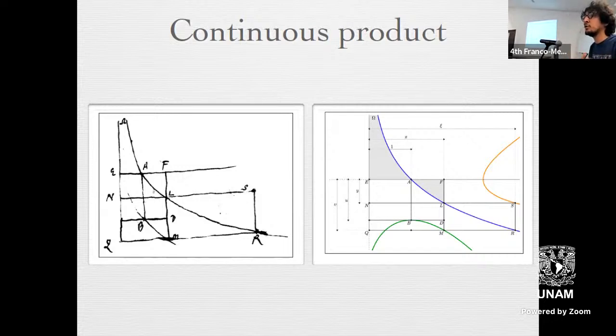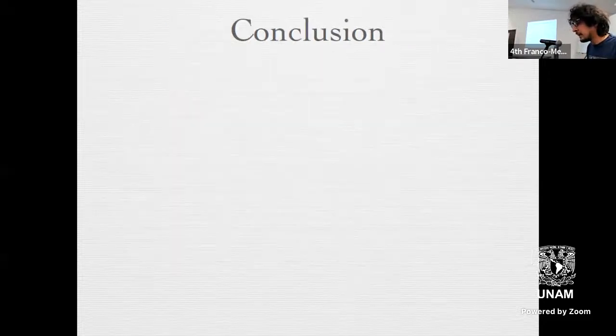But you lose the interpolation property, because if you interpolate the continuous product, you don't obtain a geometric progression. So that's the other way Leibniz wants to solve it, but it also has an issue.